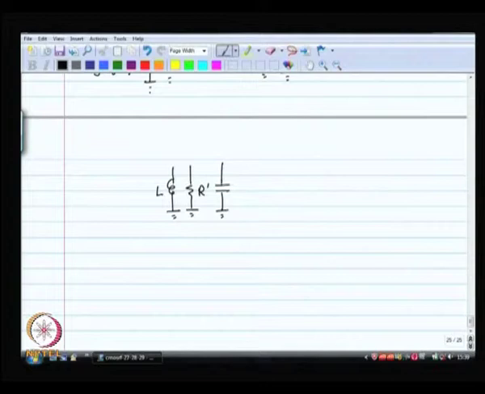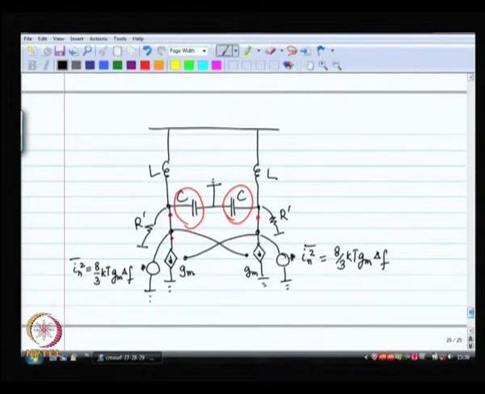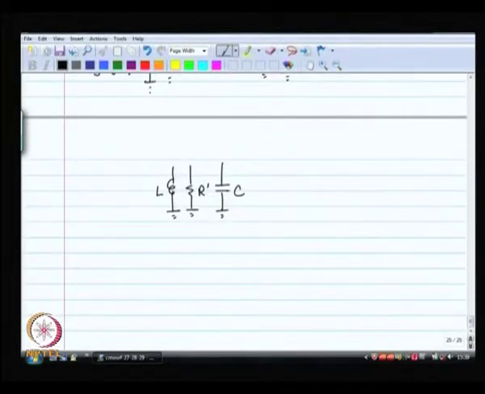C is not really the actual capacitance, it is the capacitance in shunt with all the other parasitic capacitors. I have got another C, another R and another L. All of these are to ground.